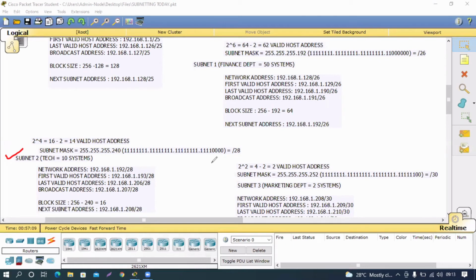Now, as we know, from subnet 1 we get our next subnet address, 192.168.1.192, but now our CIDR notation value will be /28.